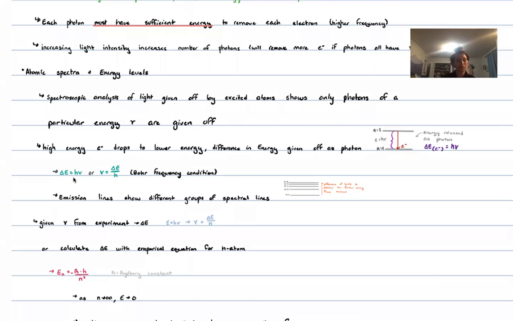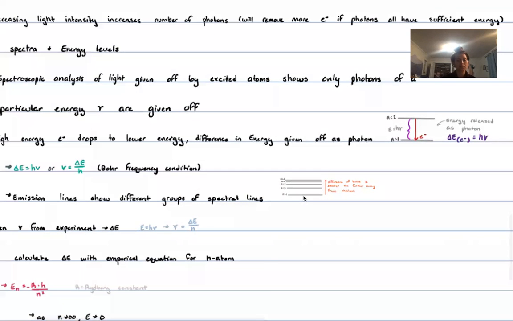And then what happens when we see all the different emission lines is that there are certain energies of the photons that need to interact with the electrons for it to have any effect. Whatever interacts has to bridge this exact gap.